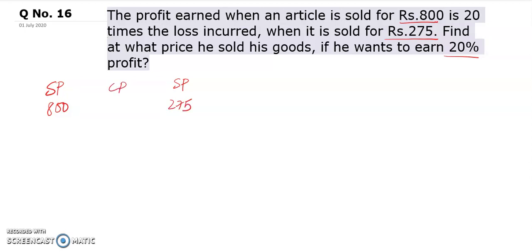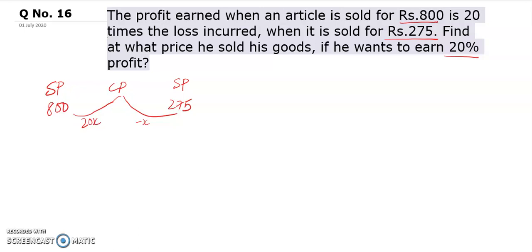Our CP is the same, and the profit earned is 20 times the loss incurred. So if the loss incurred is, let's say, X, the profit will be 20X.